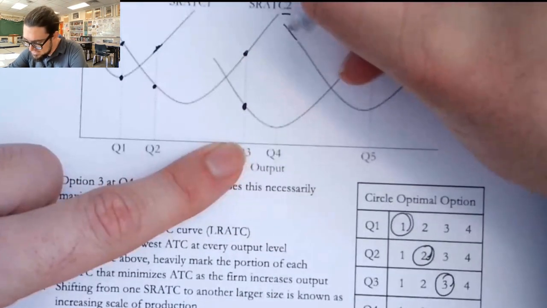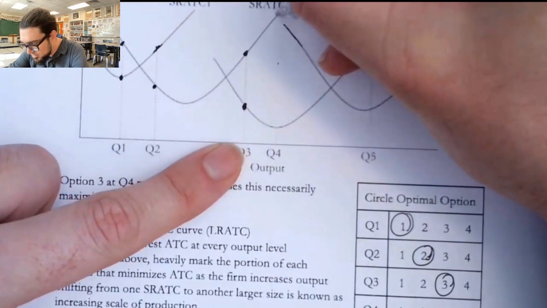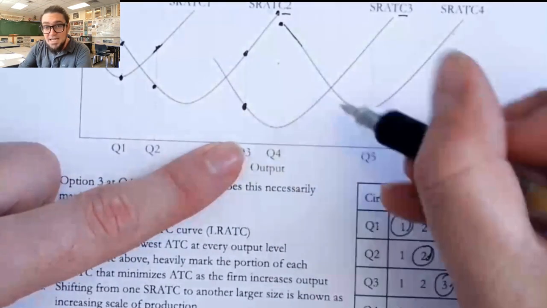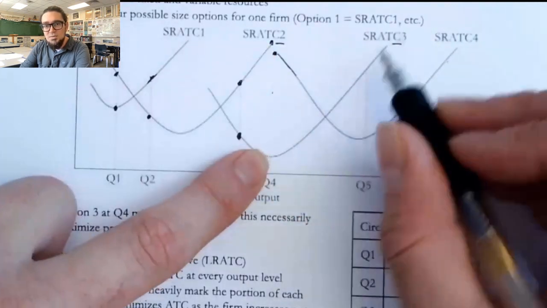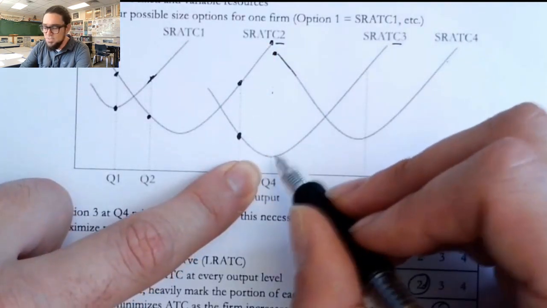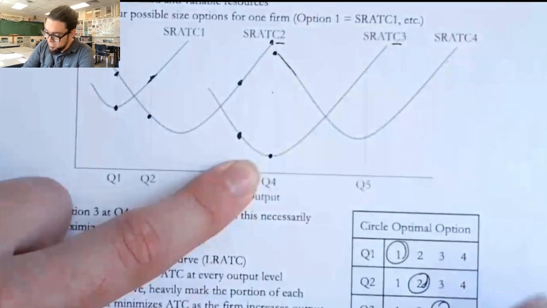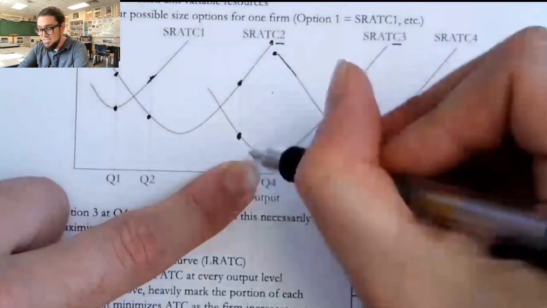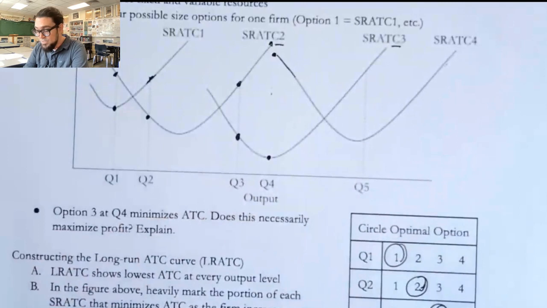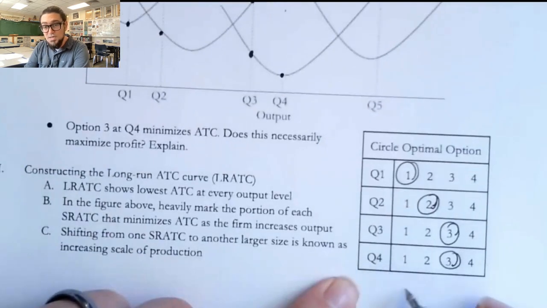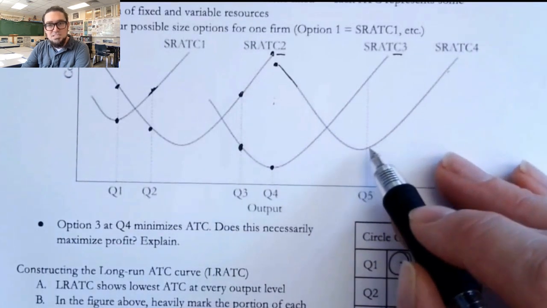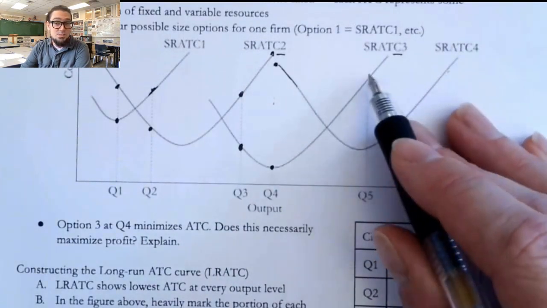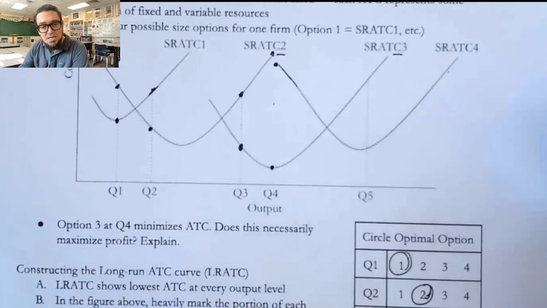Even if I extended these all the way up, those would be really high values for SRATC4 and SRATC2. At quantity 4, it makes a whole lot of sense to use the third option, which is SRATC3. Now, if we were at Q5, if we had one more row down here, then pretty clearly SRATC4 would be the best option because it's a lower average cost than SRATC3.